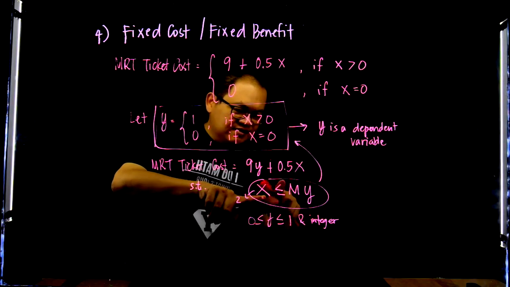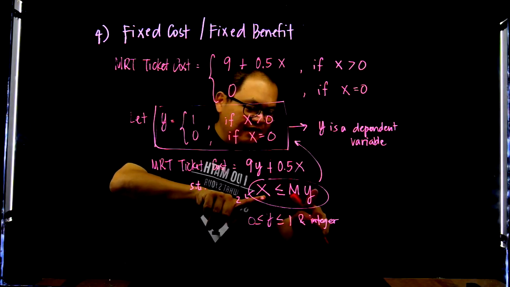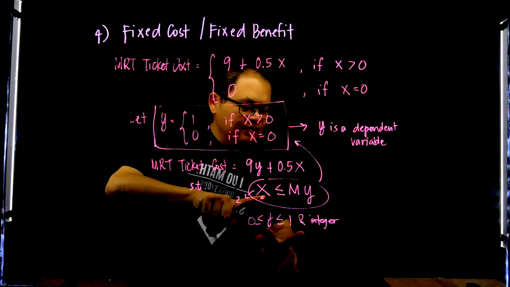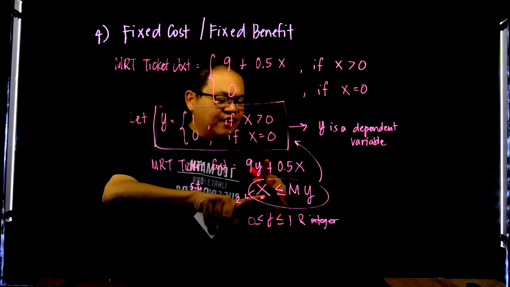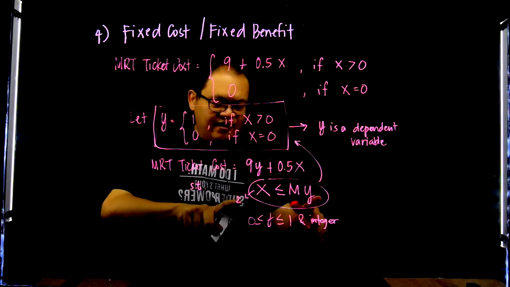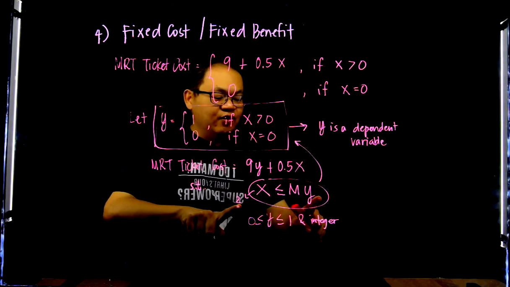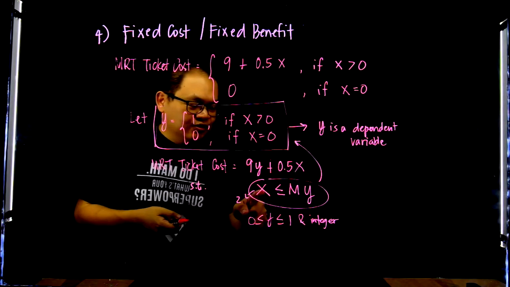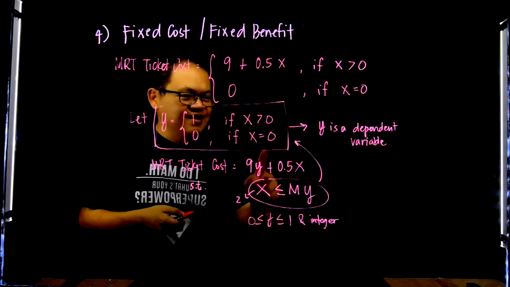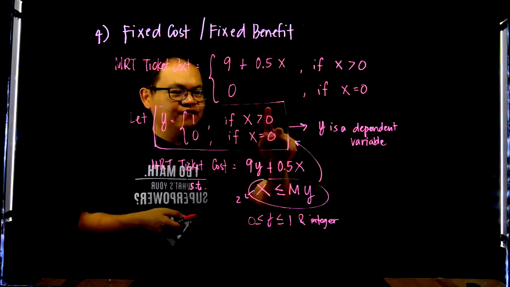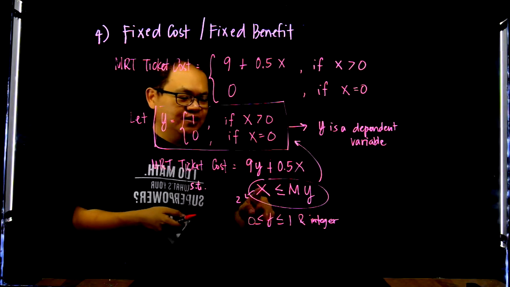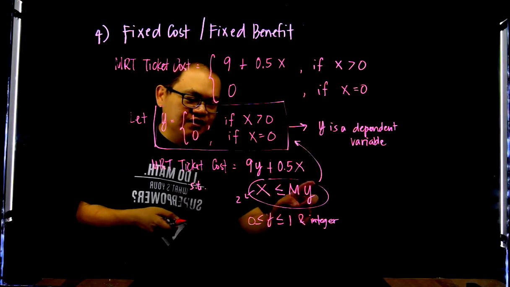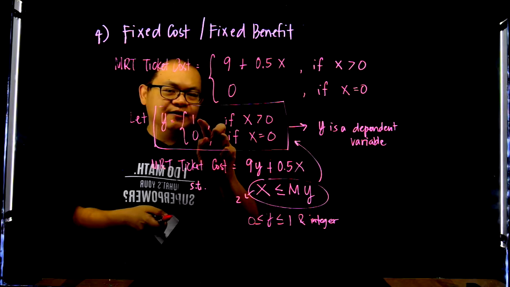So 2 is less than or equal to M times some variable, and this variable can be either 1 or 0. The only possible value for y if x equals 2 is if y equals 1. In fact, if you try to substitute x with any positive value, so imagine x equals 3 or x equals 1, the only possible value for y is 1.